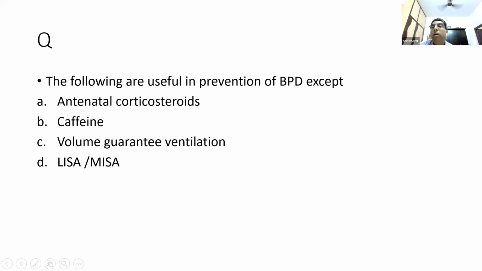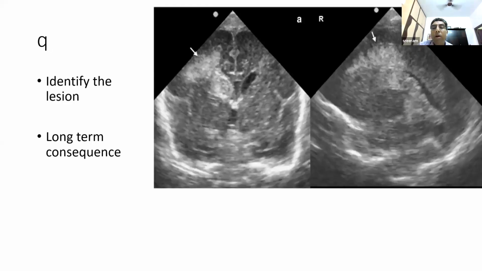Yeah, identify the lesion on this ultrasound. So the arrow, identify what is shown in the arrow. Is it IVH? The arrow. Good.